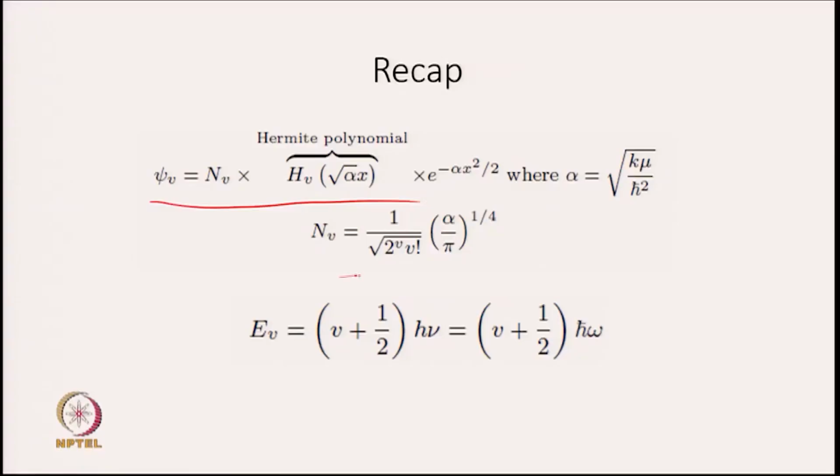N_V is given by this formula, and alpha is in terms of reduced mass and force constant. You can also calculate the energy of various vibrational levels, given by (V plus half) h nu, or (V plus half) h bar omega, where nu is the frequency and omega is the angular frequency.